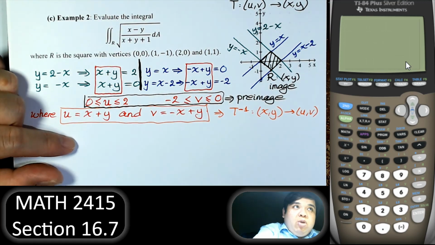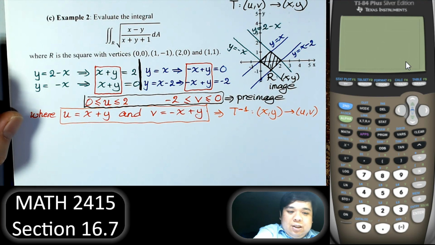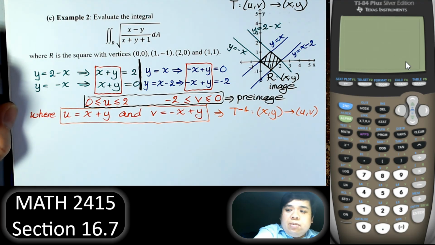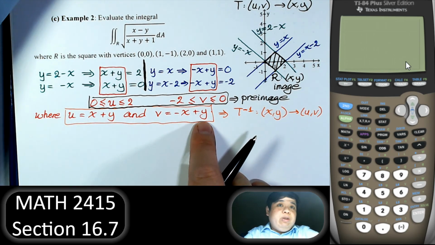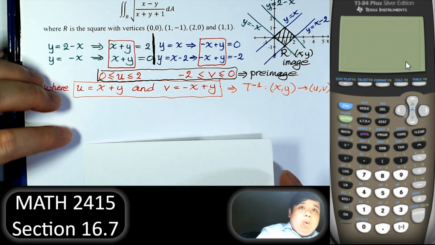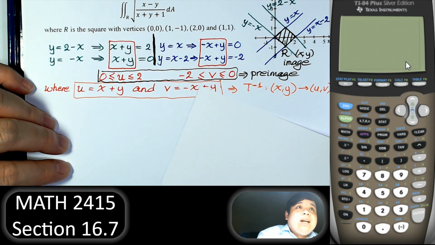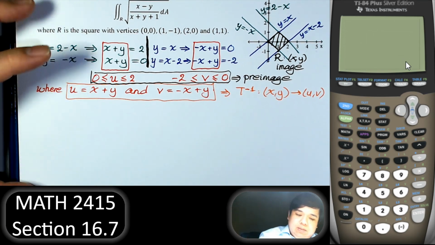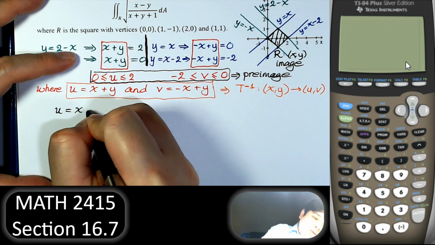We have the inverse transform. We don't have the transform. Right. So what do we do? Of course, from here we can solve for, I will do this in two different ways. The more direct way is you can solve for x and y, right? So u equal to x plus y.